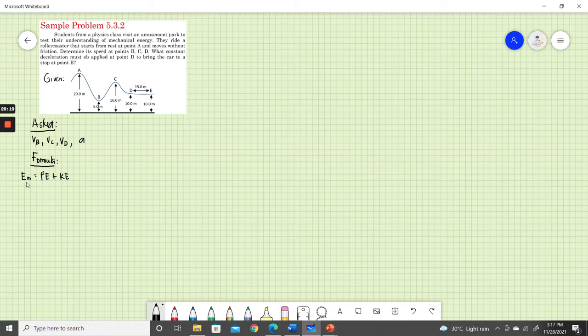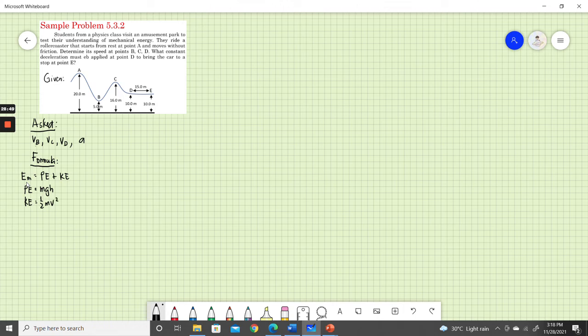Kapag tumaas ito, bababa ito. And it will always be constant. And we know that the potential energy of the system, in this case, the gravity, since we're looking at the roller coaster, should be mgh, and the kinetic energy should be 1/2 mv squared.